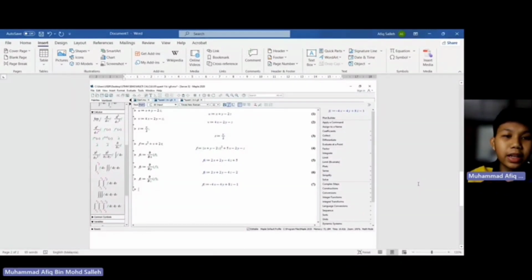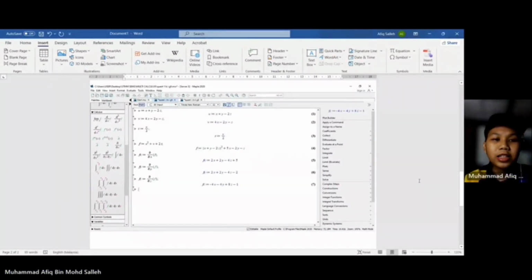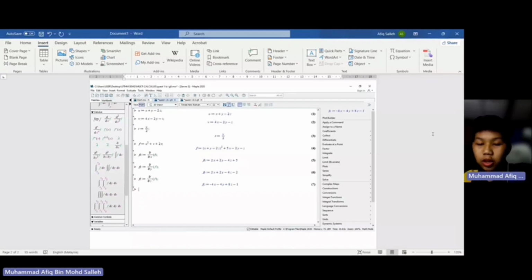So we're back with the software simulation, which uses the software Maple. First of all, the question is f(u, v, t) equals u squared plus v plus 2t, and we enter it.